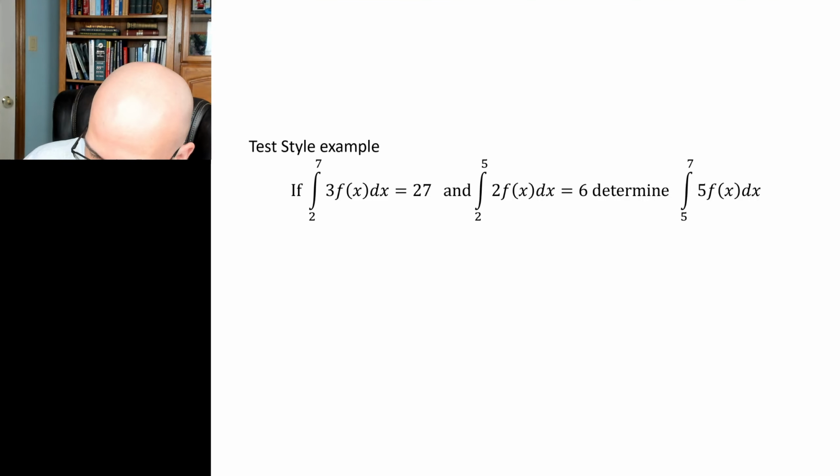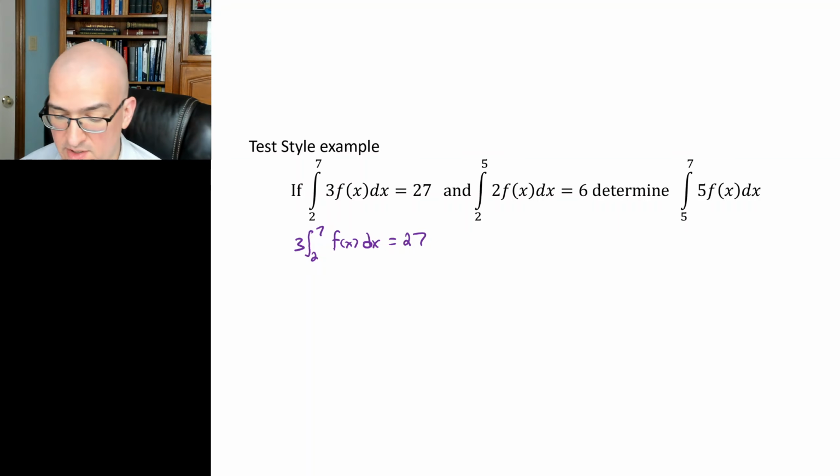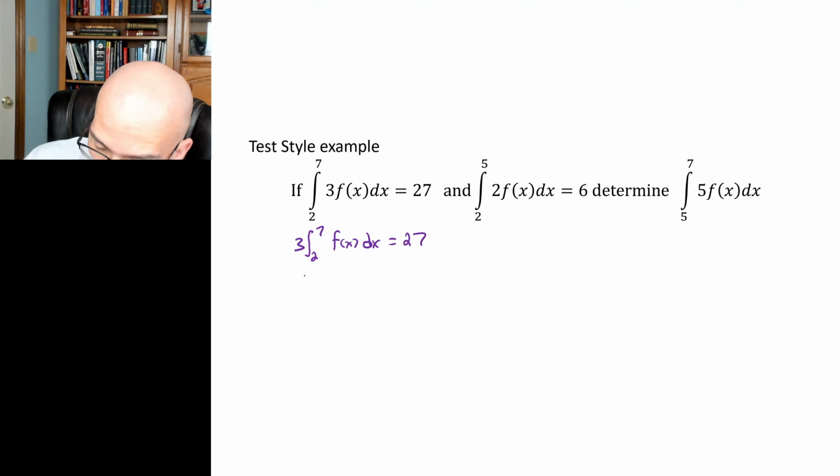We have the integral from 2 to 7 of f of x dx is equal to, oh, there's a 3. Took the 3 out front. Use that property of integrals, bring the constant out front. 3 times that integral is equal to 27. I can divide both sides by 3. So the integral from 2 to 7 of f of x dx is equal to 9.